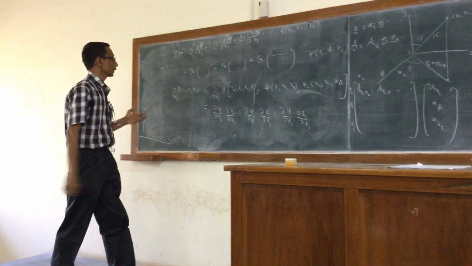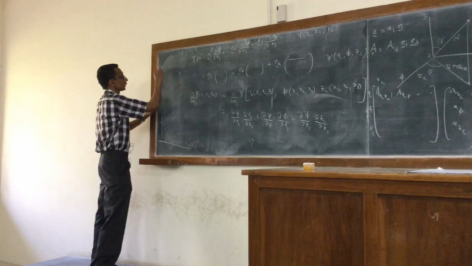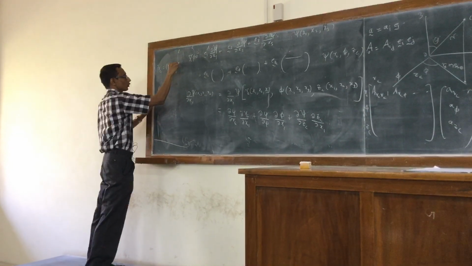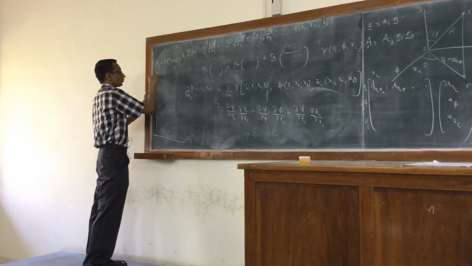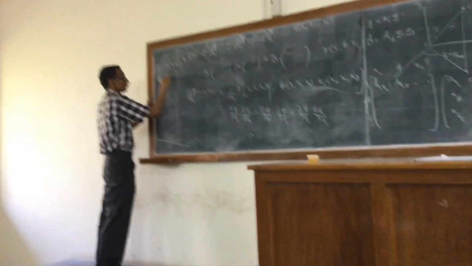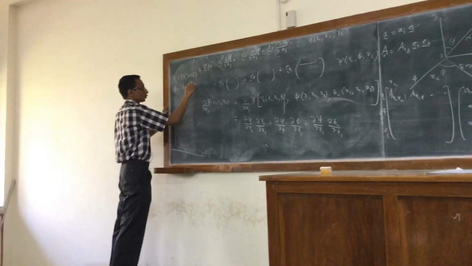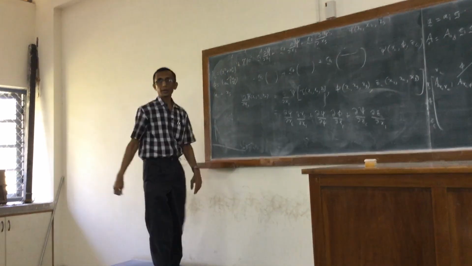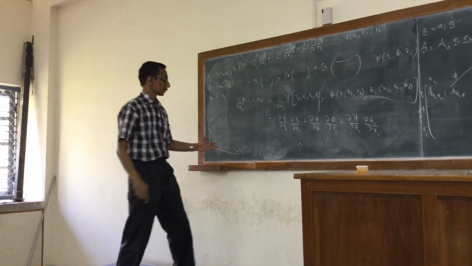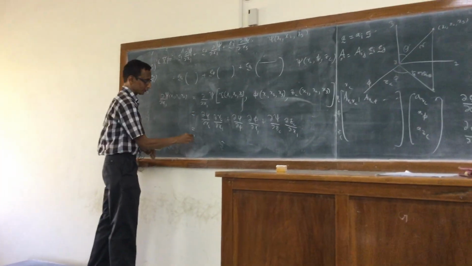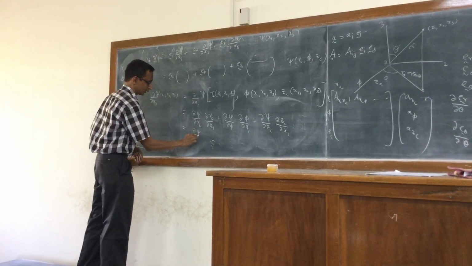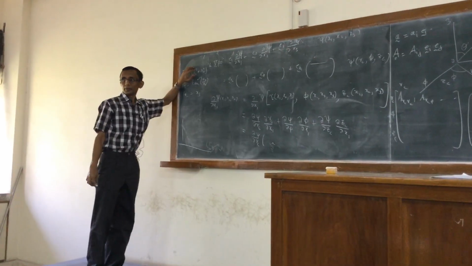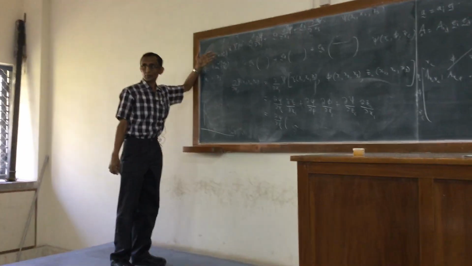So now what I need is all these relations. Rc is x1 squared plus x2 squared to the power half. Phi is tan inverse of x2 by x1, and zc is equal to x3, right? So I've got the derivatives d psi by drc times, what is drc by dx1? I have to calculate that, right?